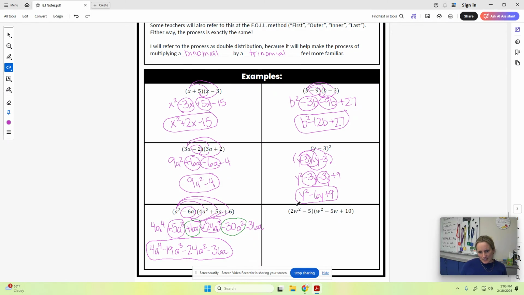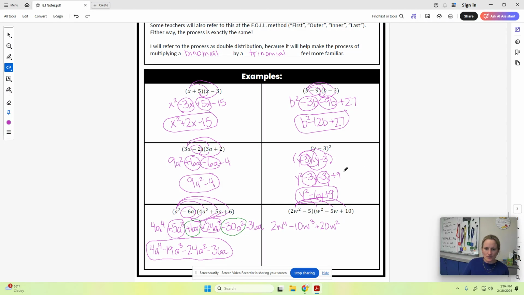All right, this is our last example. So we are going to distribute 2w squared to w squared, which gives us 2w to the 4th. 2w squared times negative 5 is negative 10w to the 3rd. And 2w squared times 10 gives us 20w squared.